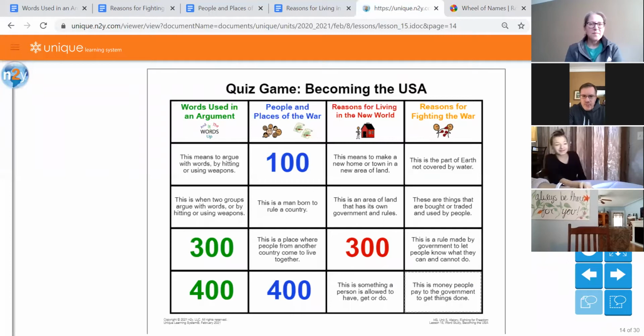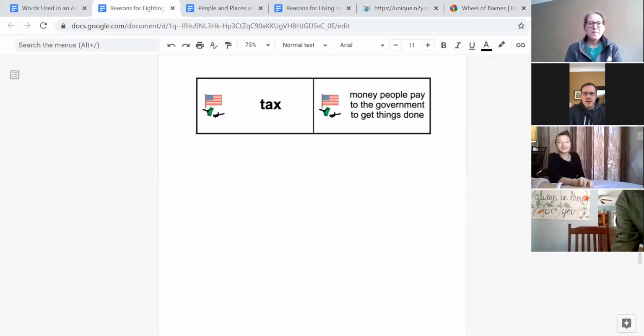This is money people pay to the government to get things done. And there's only one choice left from our answers. It's the picture of the person giving another person money, and that is a tax. A tax is money people pay to the government to get things done.